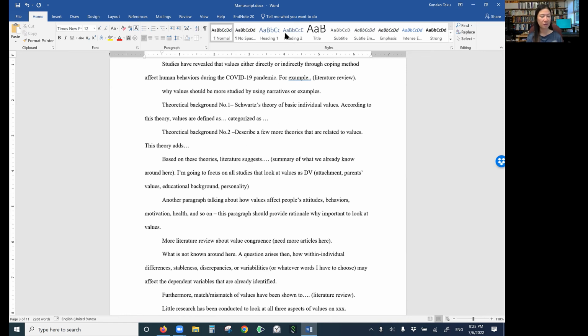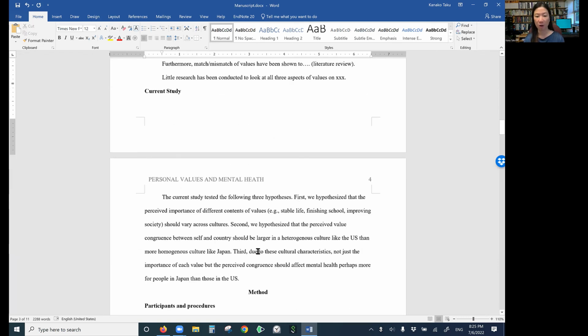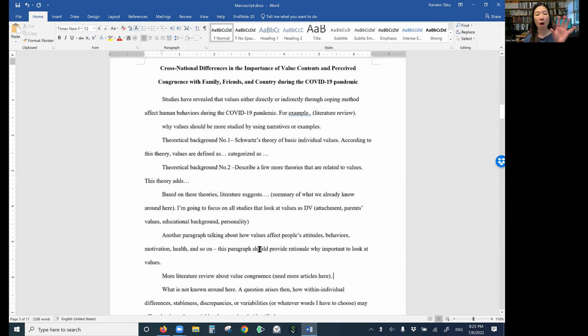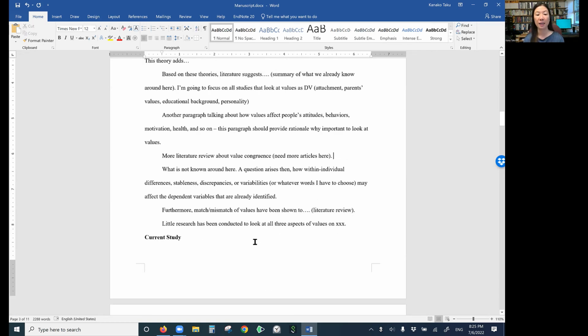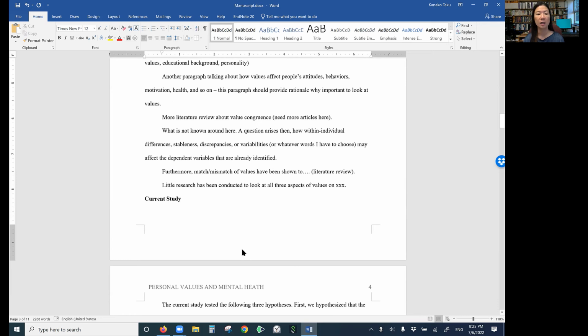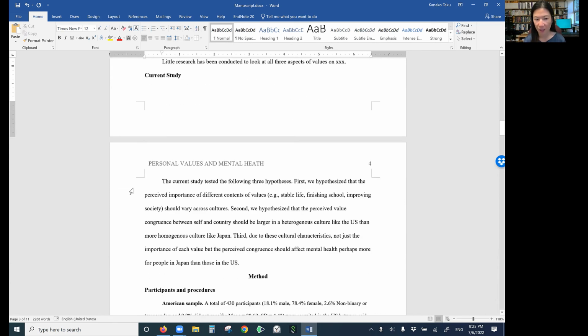Okay, so I'm going to do it, because level 19 is everything about the introduction. I don't want to cite any studies in the current study paragraph. I wanted to cite all of the literature in the introduction section so that by the time they read the current study, everything is natural, like, oh yeah, of course you have these purposes and hypotheses.